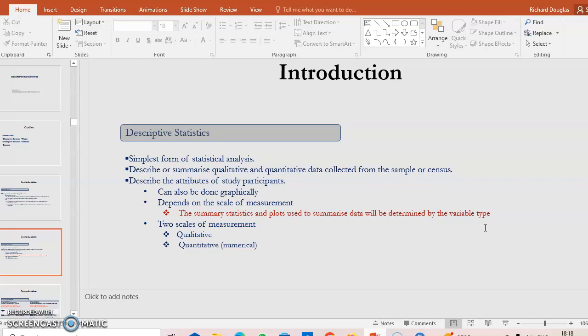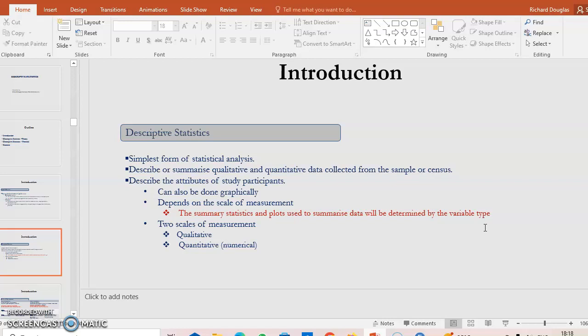So that reminds us that your data depends on how you design your research questions or your research questionnaires. Normally it can be made up of both qualitative and quantitative data.